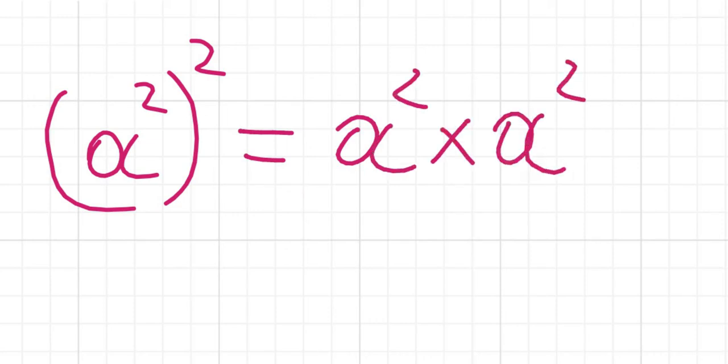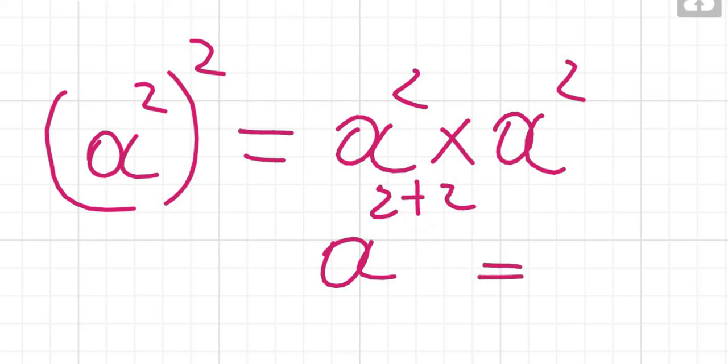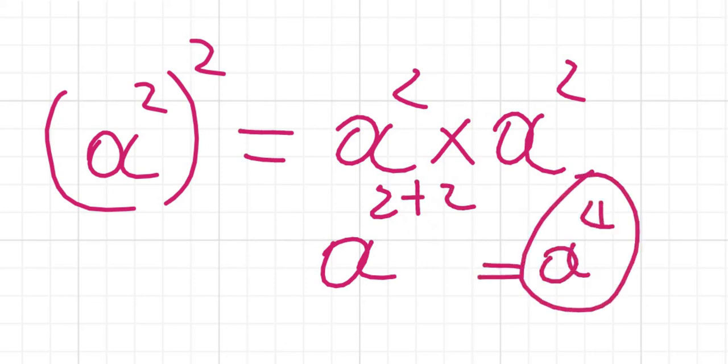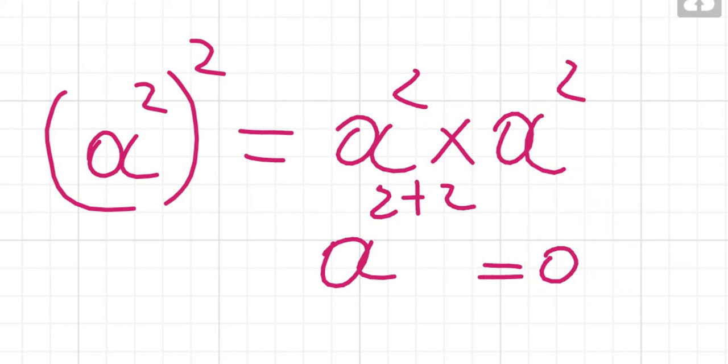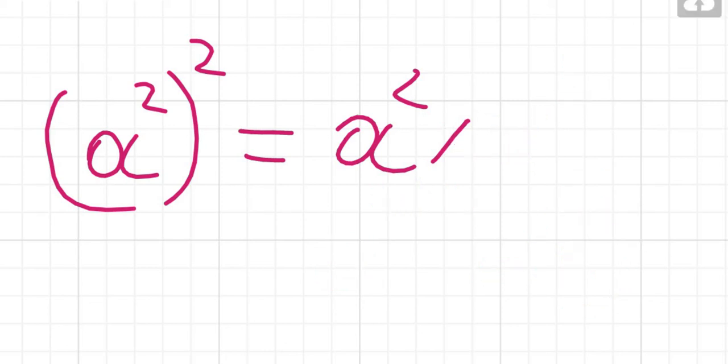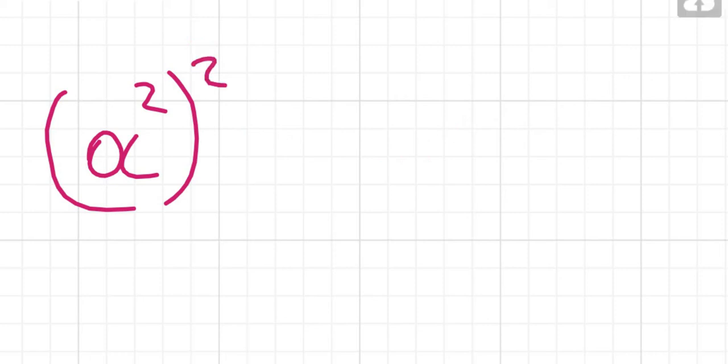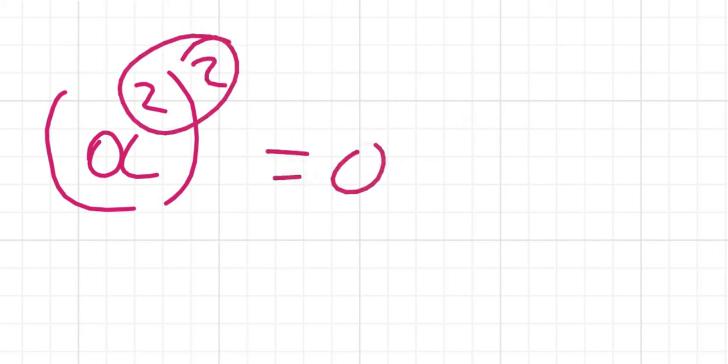That's what this is telling me. And if the bases are the same, I could just take back one of the bases and add the powers, so my answer will be a raised to the fourth. By a shortcut, we could just do that right here: the powers will be multiplying, so we have a raised to 2 times 2, which gives us 4. And that's what it is saying. So this is called the power of power rule.